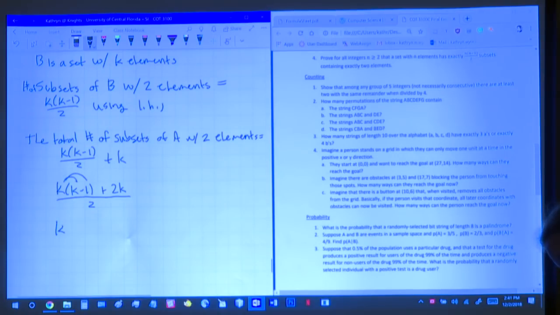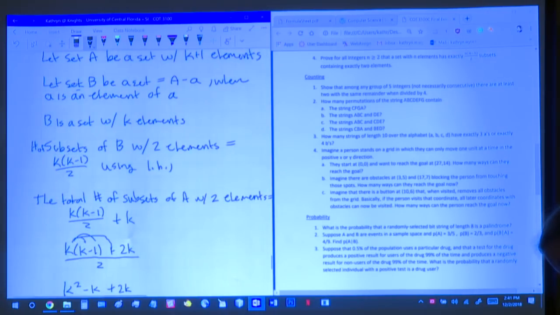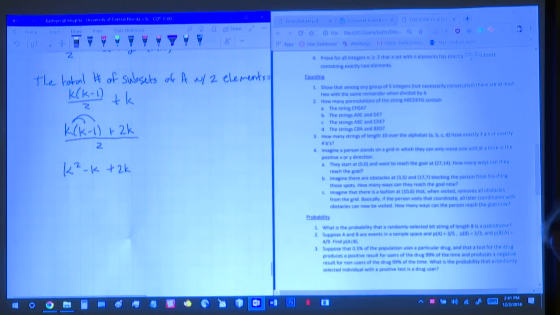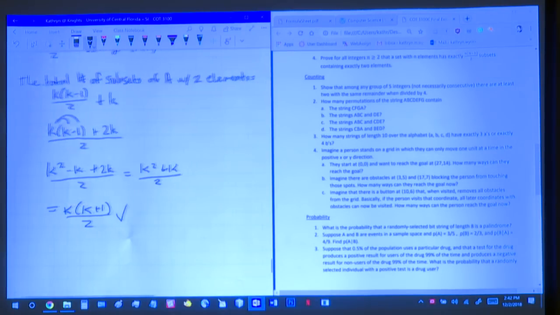So we'll get k squared minus k plus 2k over 2. And that is equal to k squared plus k over 2. And then that's equal to k times k plus 1 over 2. And that's it. That's all you have to do.